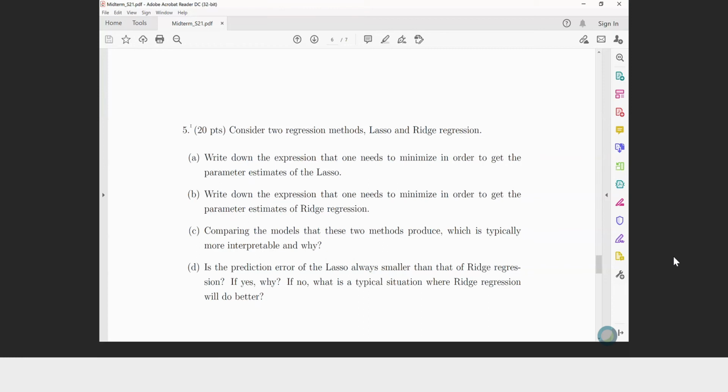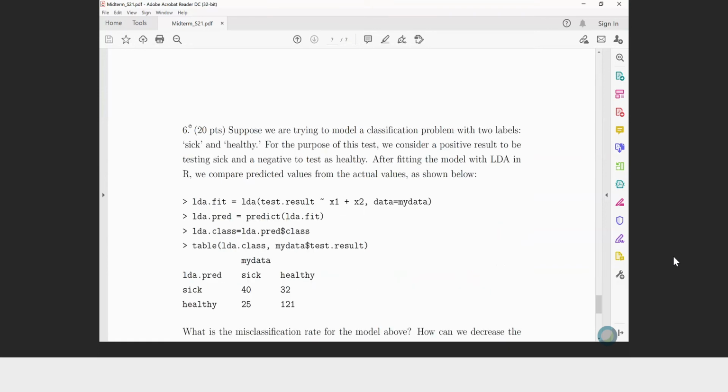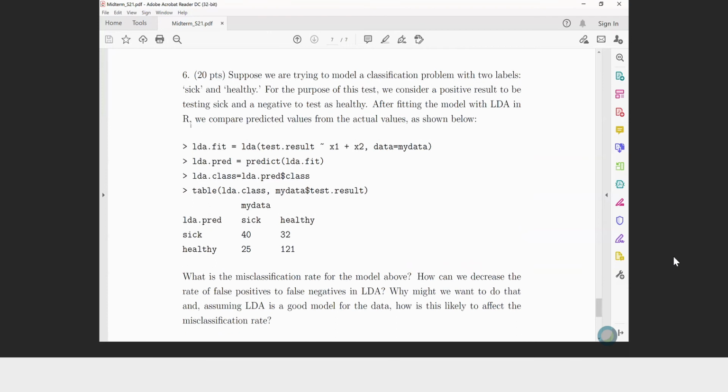Okay, and then we can take a look at the last question, problem 6. Suppose we are trying to model a classification problem with two labels, sick and healthy. For the purpose of the test, we consider a positive result to be testing sick and a negative to be testing healthy.